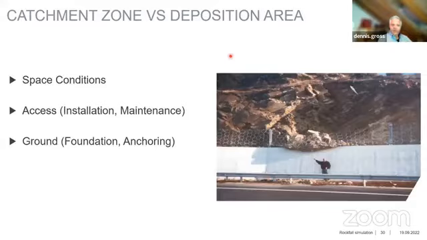Catchment zone: nearby the asset which we want to protect, we need to be aware of space conditions, what is there. For example, we need to be aware of installation and maintenance, which in this case, so close to the road, is probably not a big issue. But if we imagine the barrier would have been put up on that ridge here, it still doesn't look that difficult, but we will see examples where it becomes quite a challenge for the installation.